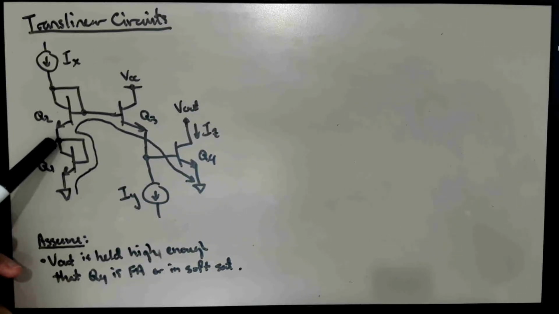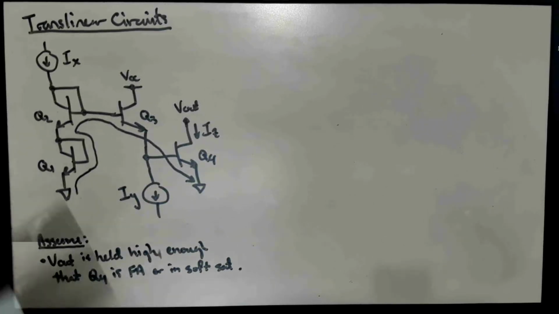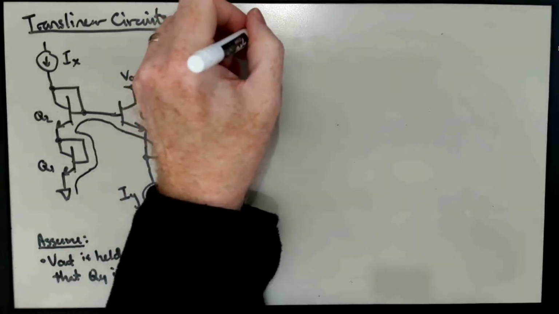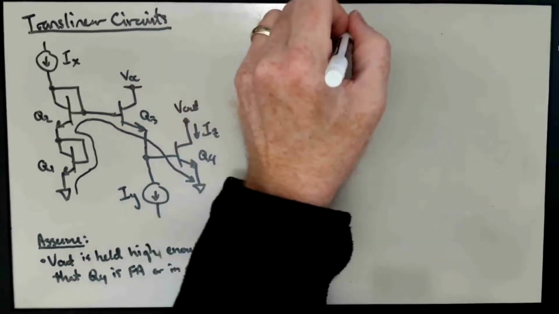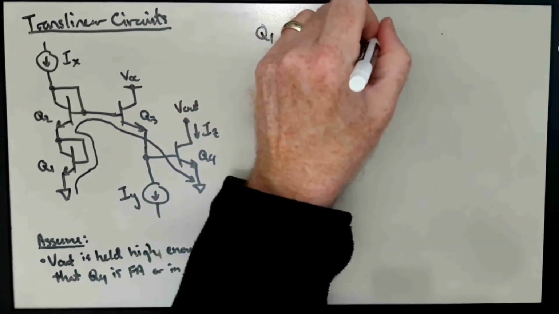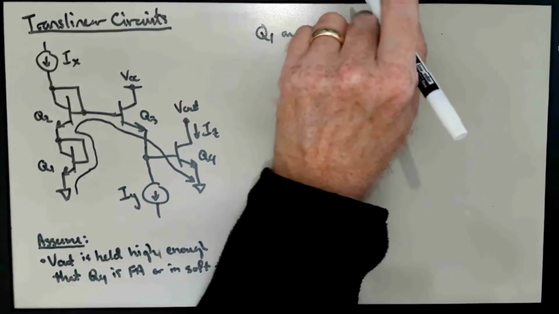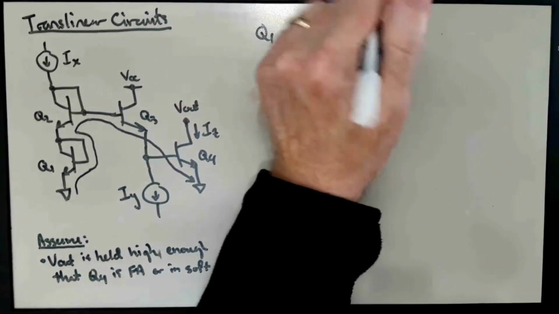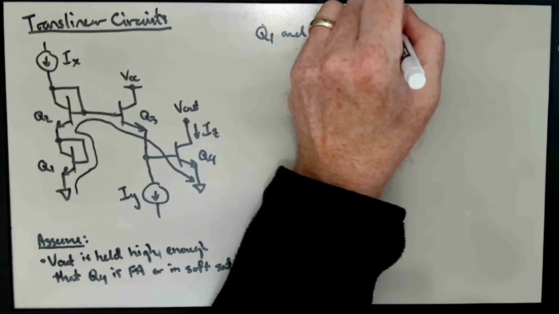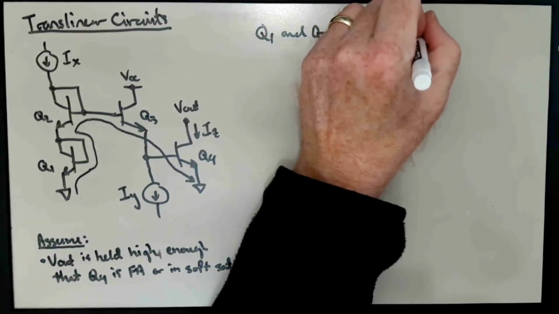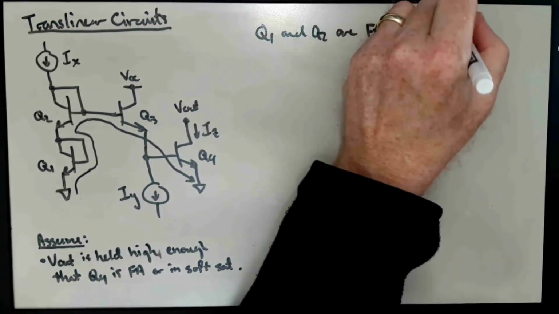And so Q1 and Q2 are diode connected and so are forward active.